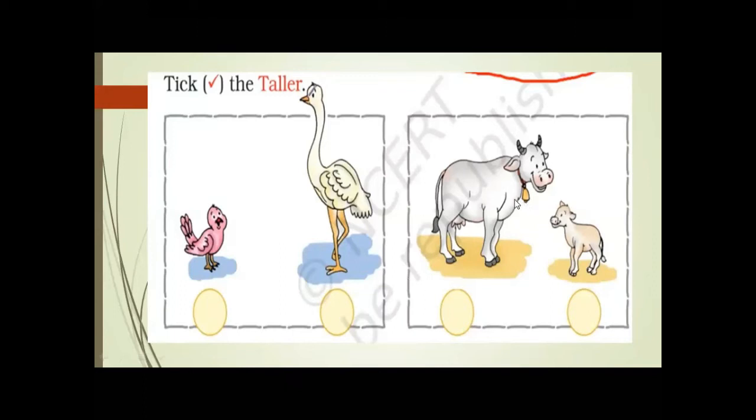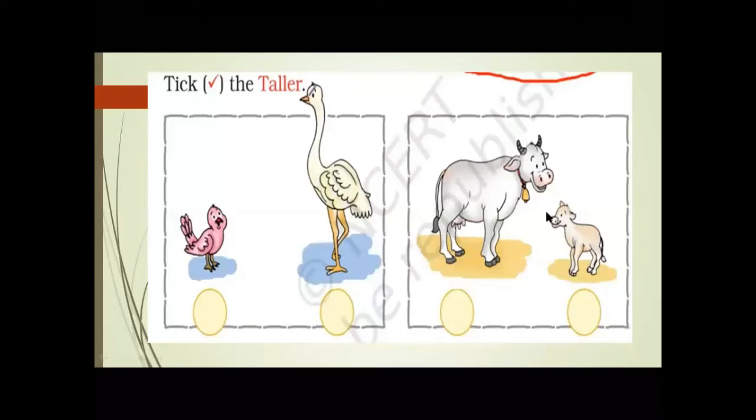Now here we see the cow and the kid of the cow. The height of the cow's kid is small and the height of this cow is greater than her kid. So which one is tall?